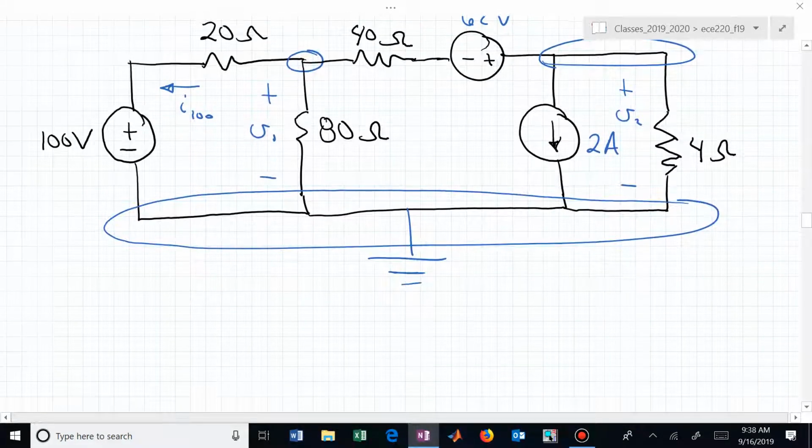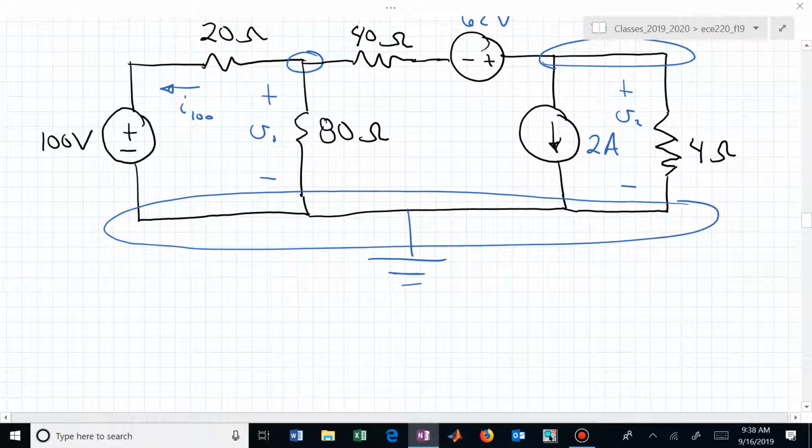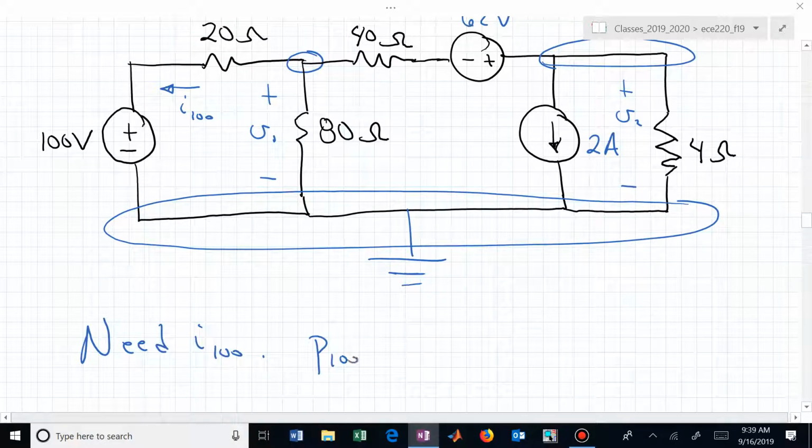And if I have I100, then I can find P100. That's going to be with the passive sign convention. What's the expression going to be? What's the power using the passive sign convention for that 100 volt source?